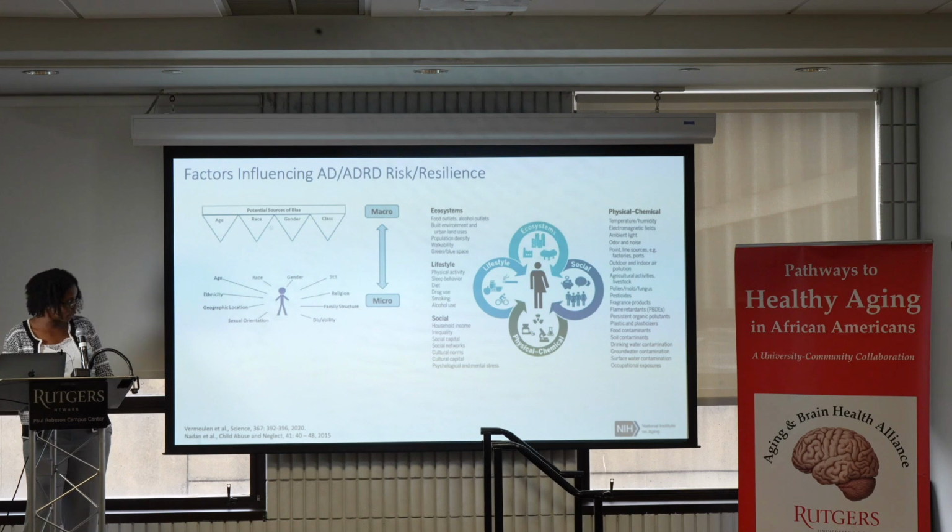We could look at this in terms of the ecosystem, in terms of someone's lifestyle, and the things that they're exposed to based off of their lifestyle, social exposures, and also physical and chemical exposures that may come about based on where you live, or it may come about based on where you work. Okay, and these exposures are all relevant over one's lifetime.